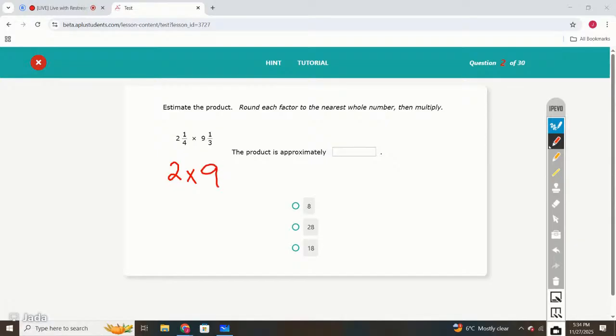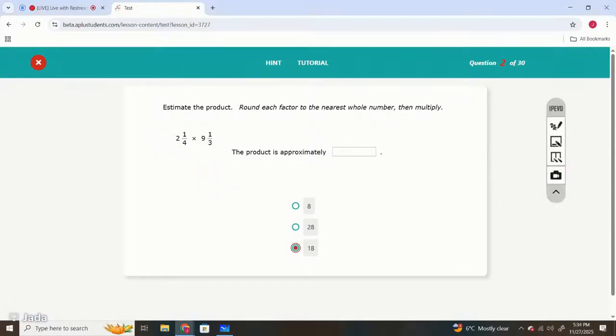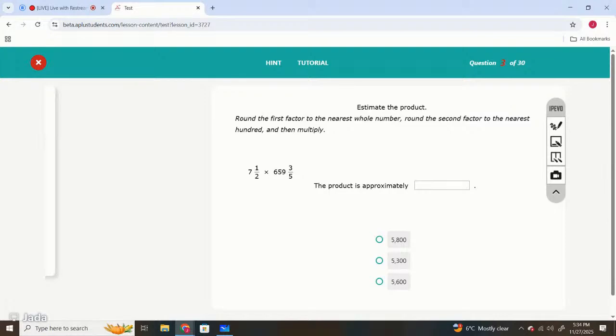You need to round to the same whole number. So you have to do 2 times 9. So which is the correct option? 2 times 9 is 18. The correct option is option number 3, that is 18.